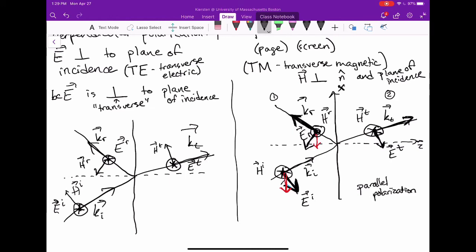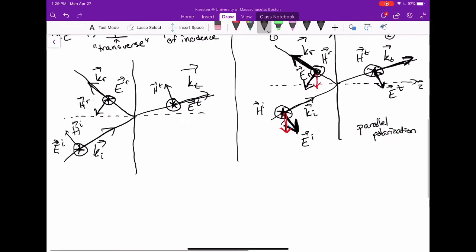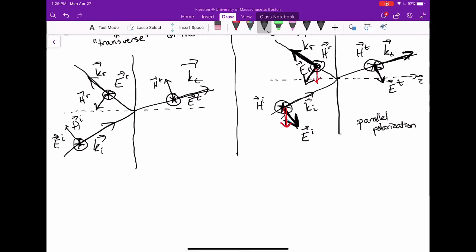So this has gotten kind of busy looking. Let's scroll down. Now that we have all this stuff drawn out though, here's our perpendicular polarization. And there's our parallel polarization. The solutions for this are based on boundary conditions.